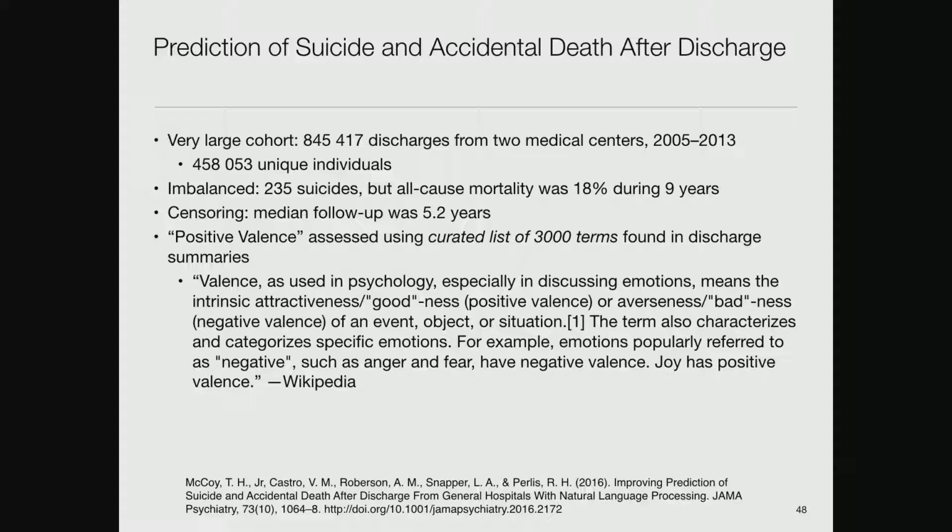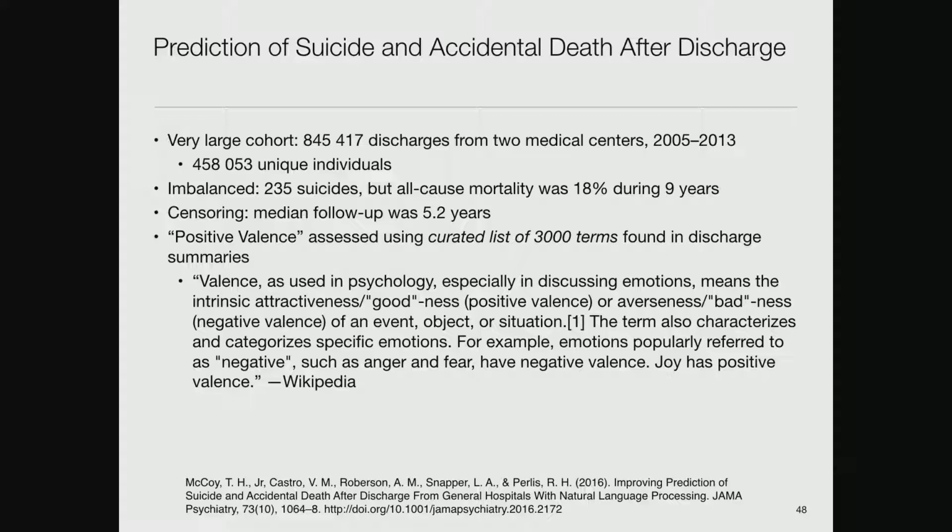And then what they did is they curated a list of 3,000 terms that correspond to what in the psychiatric literature is called positive valence. So this is concepts like joy and happiness and good stuff, as opposed to negative valence like depression and sorrow and all that stuff.